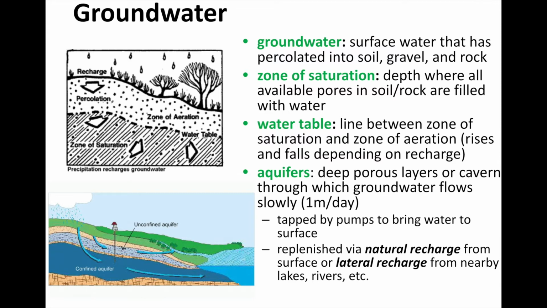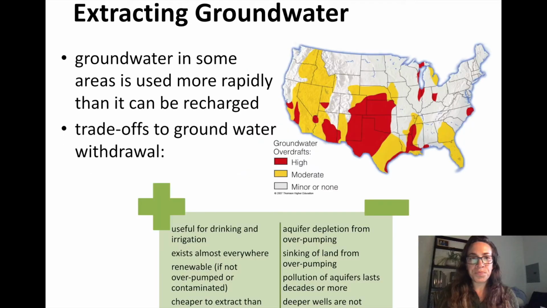Gravity still has an effect even underground, but it can move more laterally or sort of less steeply when we're looking at these aquifers. We are extracting groundwater at an alarming rate. Groundwater overdrafts exist throughout the United States and really throughout the world, where our use of that groundwater is exceeding the amount of recharge that aquifer is getting.